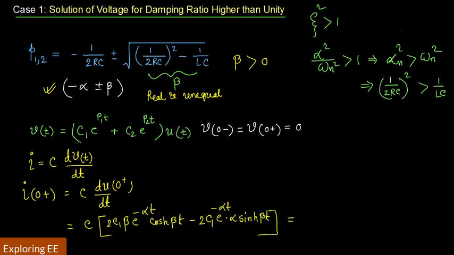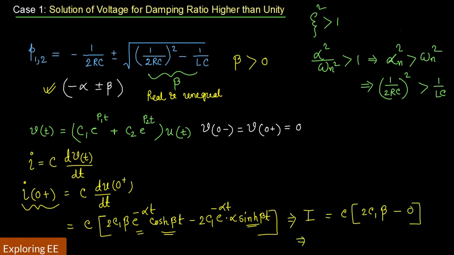From that we have I at 0 plus, which is the entire DC current I, equal to C times twice C1 into beta e to the power 0 equal to 1, cosh beta t at t equal to 0 equal to 1, minus sinh beta t at t equal to 0 is 0, minus 0.